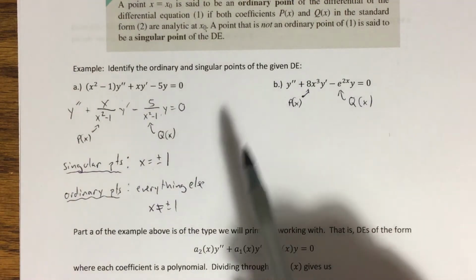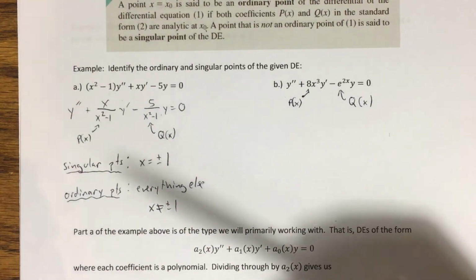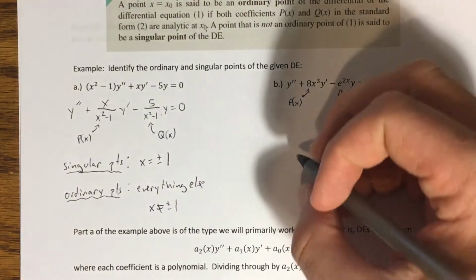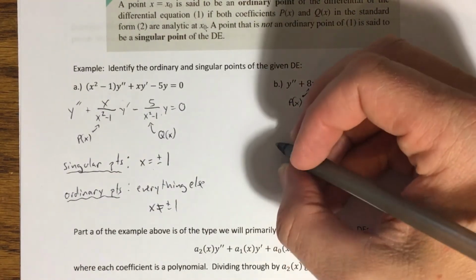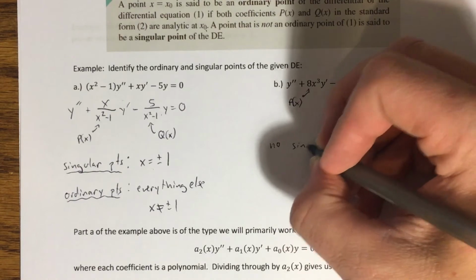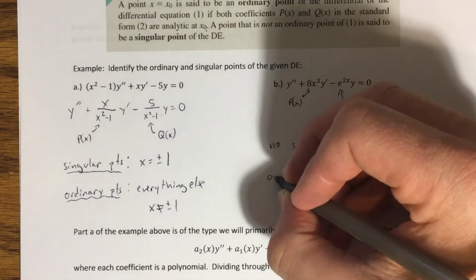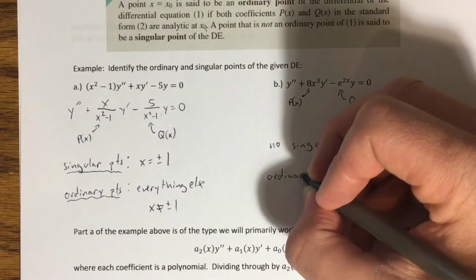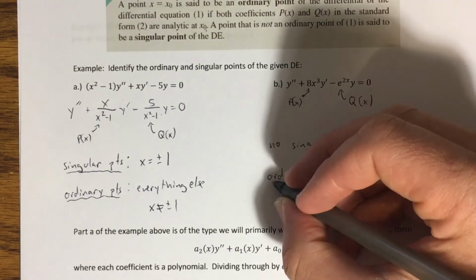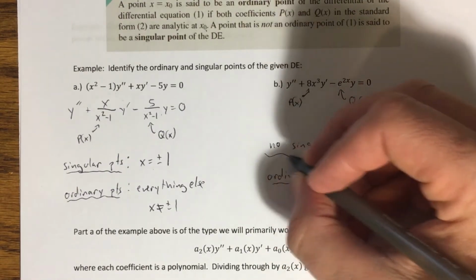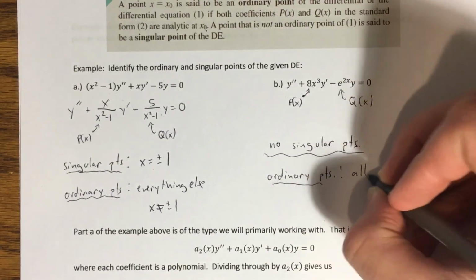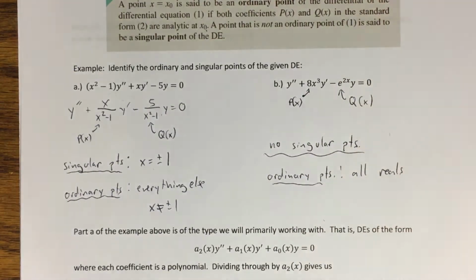They are defined everywhere, which means they will be analytic everywhere. So there are no singular points here. And the ordinary points are all real numbers, all reals.